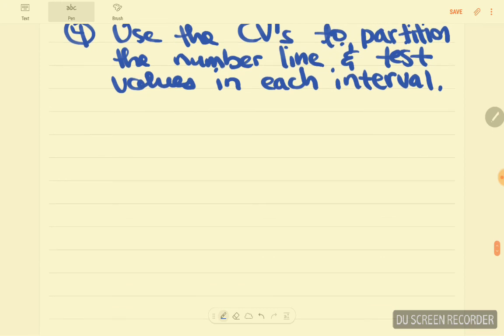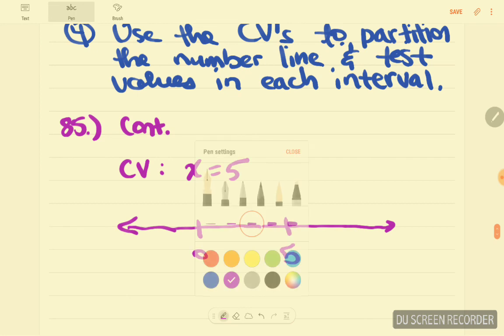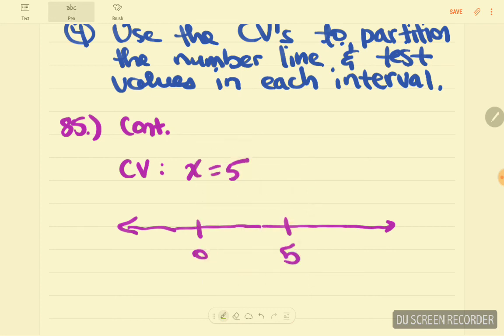So with my critical values, I have just one, x equals 5, which means that if this is 0 and this is 5, I could partition the number line with 5 being my divider. It's an open circle, which I'm not going to include in my solution set, but I might be able to go this way, and I might be able to go this way, right?